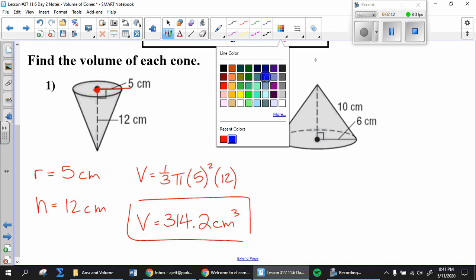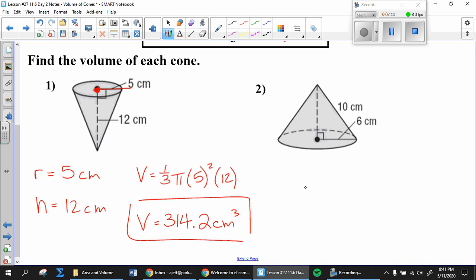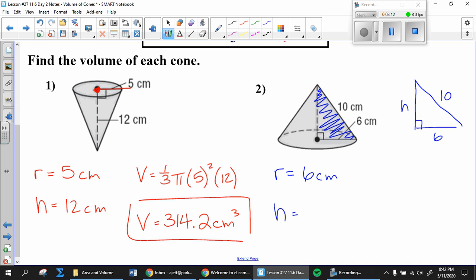Second one over here, same type of thing. We're looking for the radius and the height. We can see our radius is 6. Now the difference with this one is they don't give us the height of the cone. All they give us is this outside length of our cone. So we create this right triangle, where we know this is 10, this is 6, and this is the height of our cone.